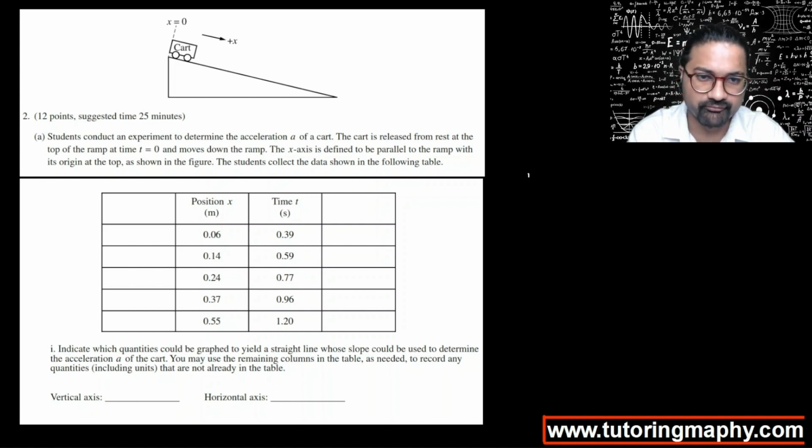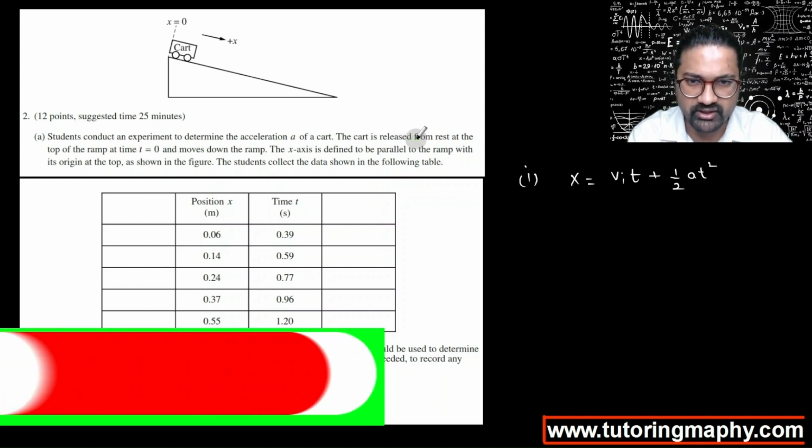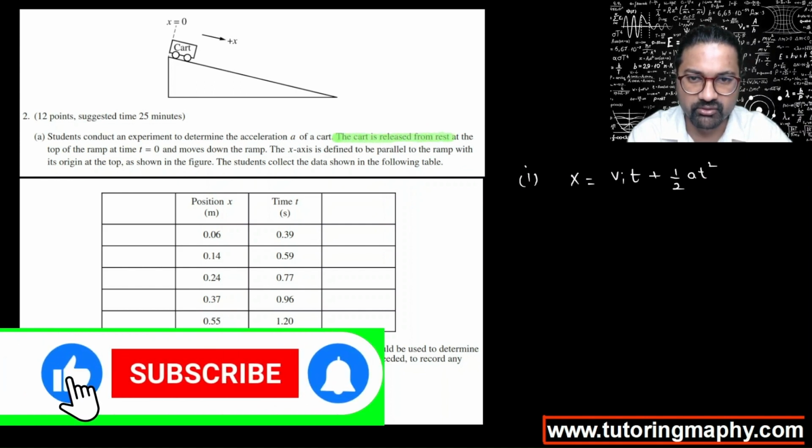the second equation of motion is x is equal to v initial times t plus half a t square, right? Unfortunately, the initial velocity is 0 because it is released from the rest at the top.